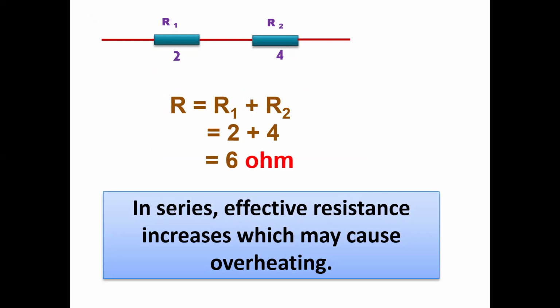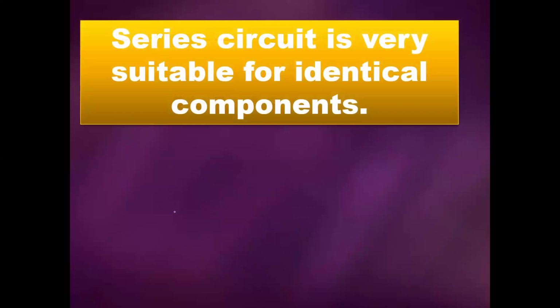What's the benefit of that? Suppose you want to get 6 ohm in total, but in the market only 2 ohm and 4 ohm were available. So you join them in series to get 6 ohm. This is the concept of the effective resistance. So in series, effective resistance increases.